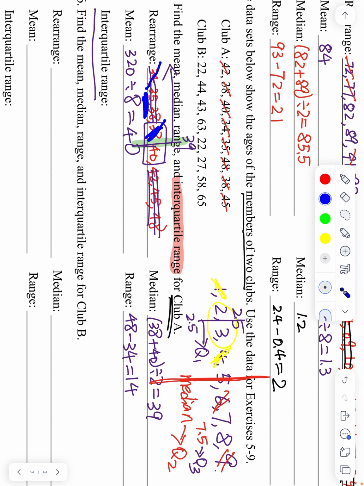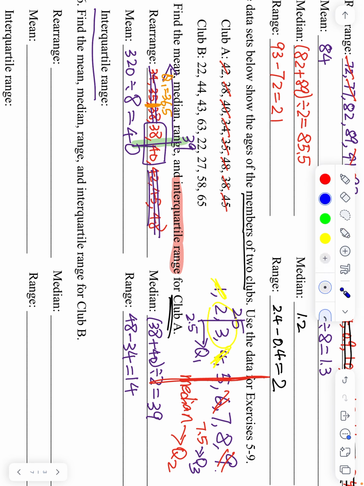We need to find out the average between 35 and 38. So 35 plus 38 divided by 2. So 35 plus 38 equal to 73, and divided by 2, that's 36.5. That's the Q1. We also call it the median of the lower part.